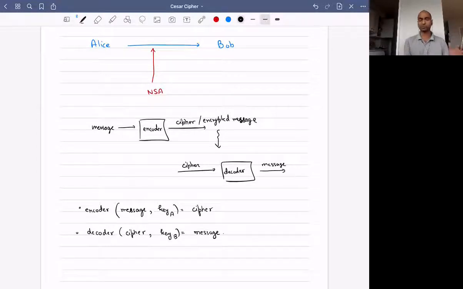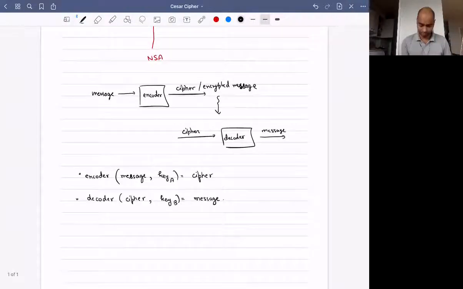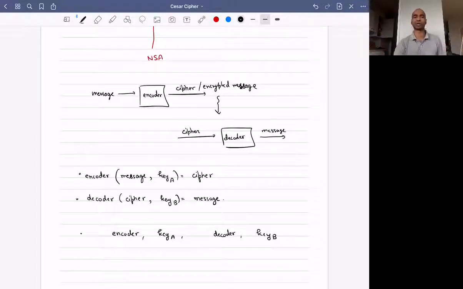Okay, so these two functions are almost inverses of each other, but they depend on the keys that Alice and Bob have. So let's look at the total amount of data that's going on in here. You have the encoder function, then you have the key A, then you have the decoder function, and then you have key B, and you need all of these four pieces for the entire system to work properly.